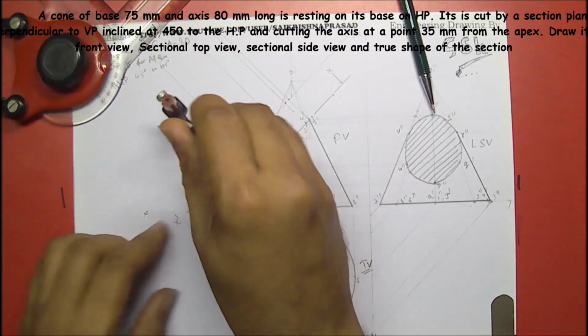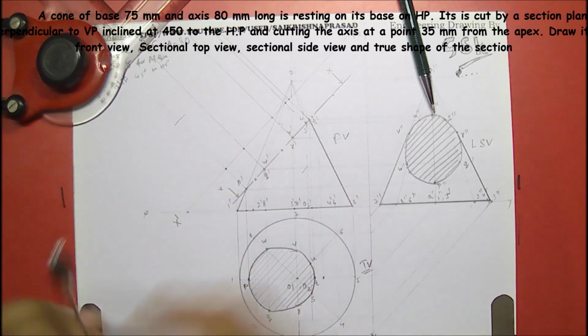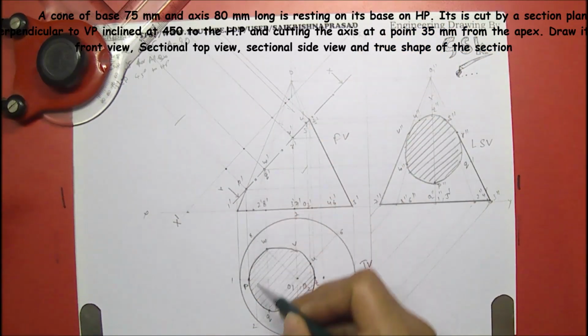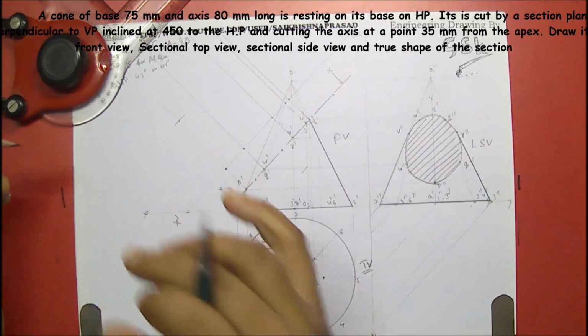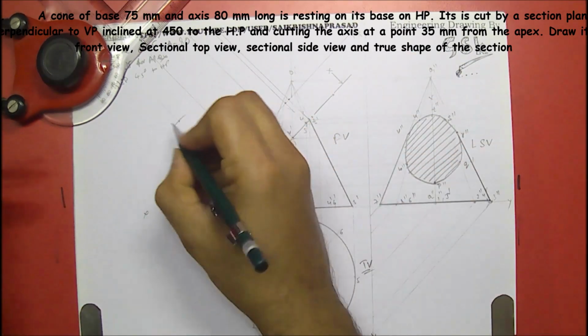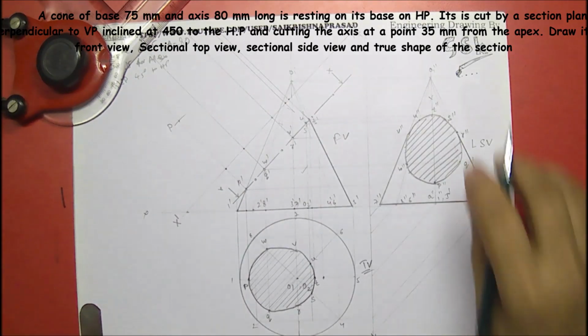Keep on this reference line, draw on this. Means P dash P, and this will be the true shape of the section. Always mention the true shape with capital letters. This is P, capital P.